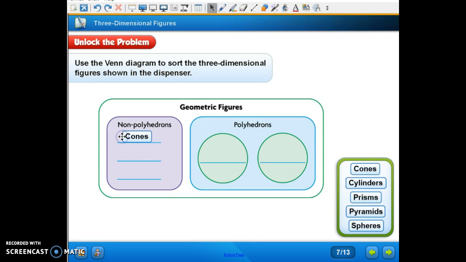Jay Sean, what's another one that goes in the non-polyhedron? The cylinder. And Faith, what's the last one that goes in our non-polyhedrons? The sphere. So what does that leave? Prisms and pyramids. Okay? They have lateral faces, so they go in the polyhedron.